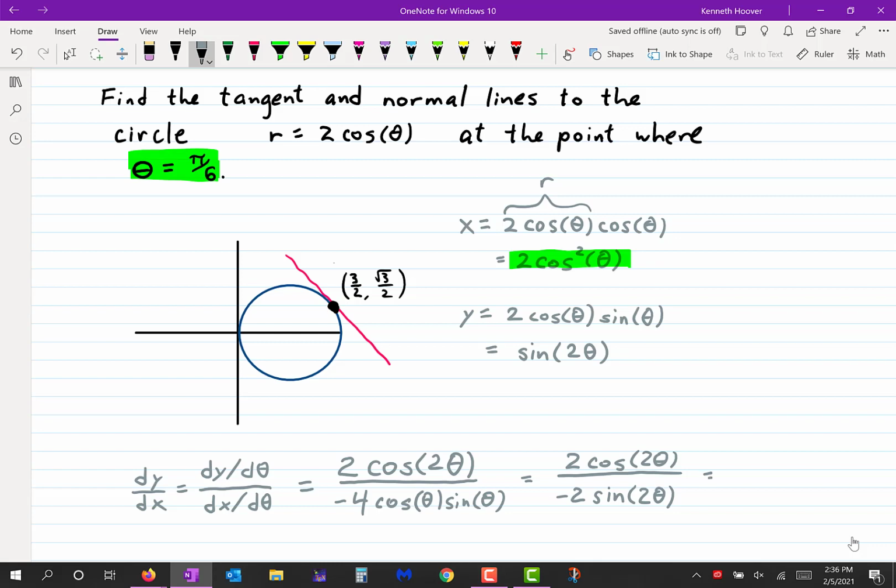So our dy/dx here is simply negative cotangent of 2 theta.